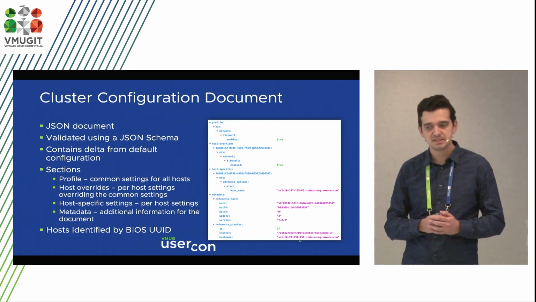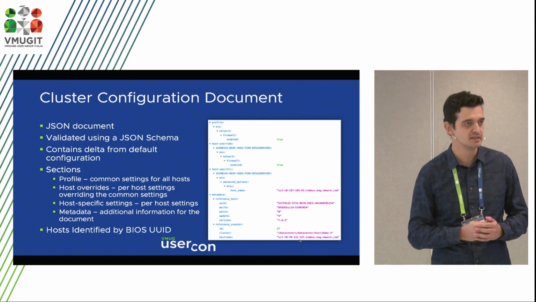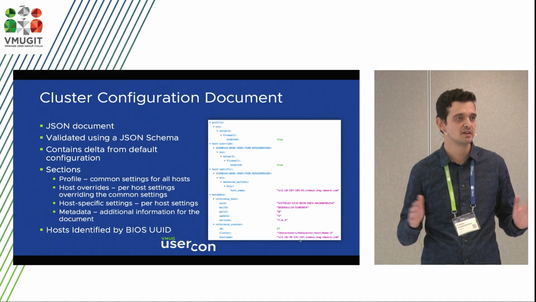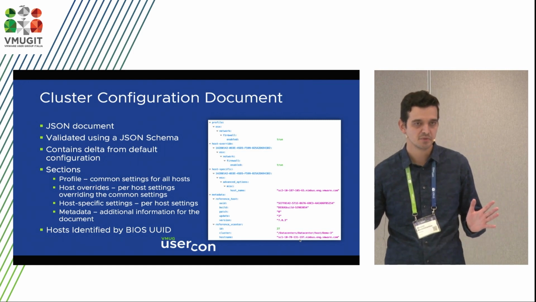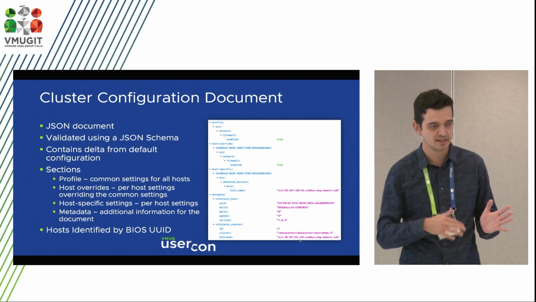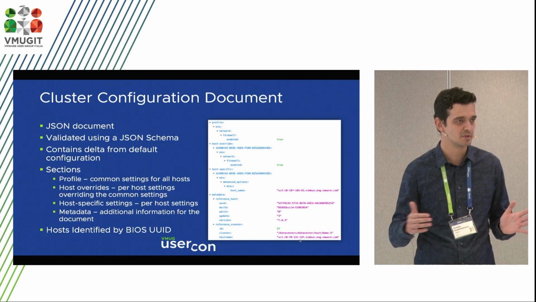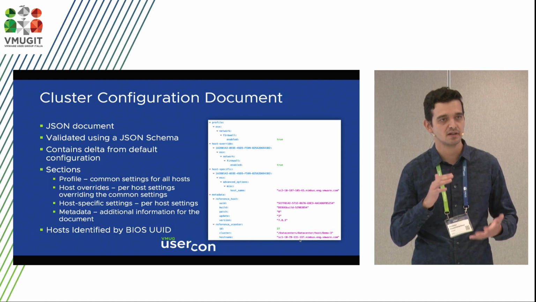Also, another big difference between host profiles and config profiles is the readability and usability. Host profiles contain the entire configuration of the host, regardless if it is vanilla ESX or you have done some modifications on top of it, which means that even if you take a vanilla ESXi host and then extract the host profile from it, it will be a couple of megabytes because it always keeps the complete configuration of the host.